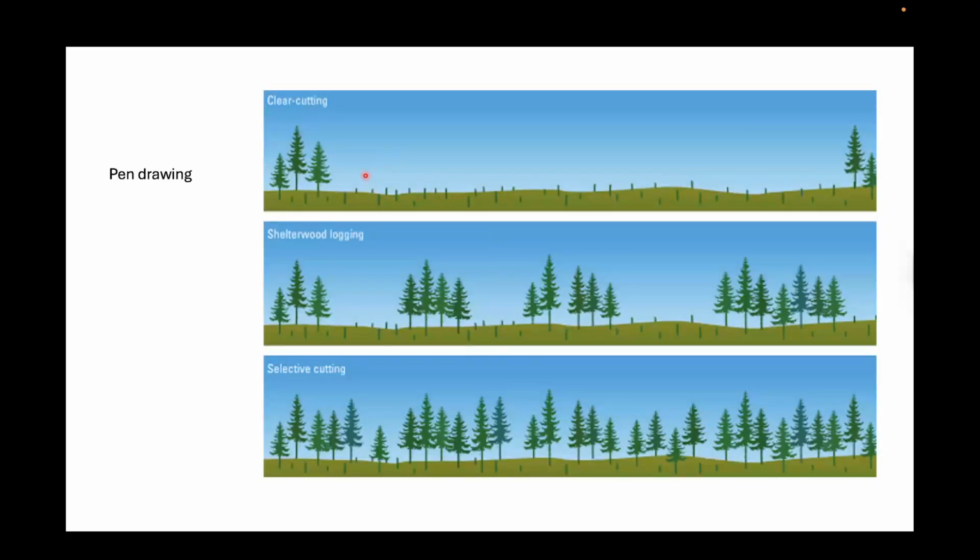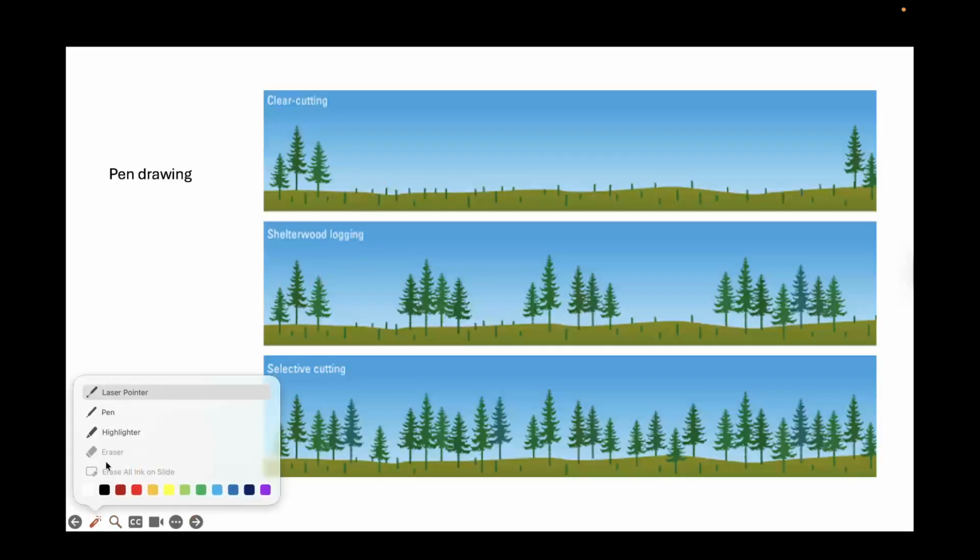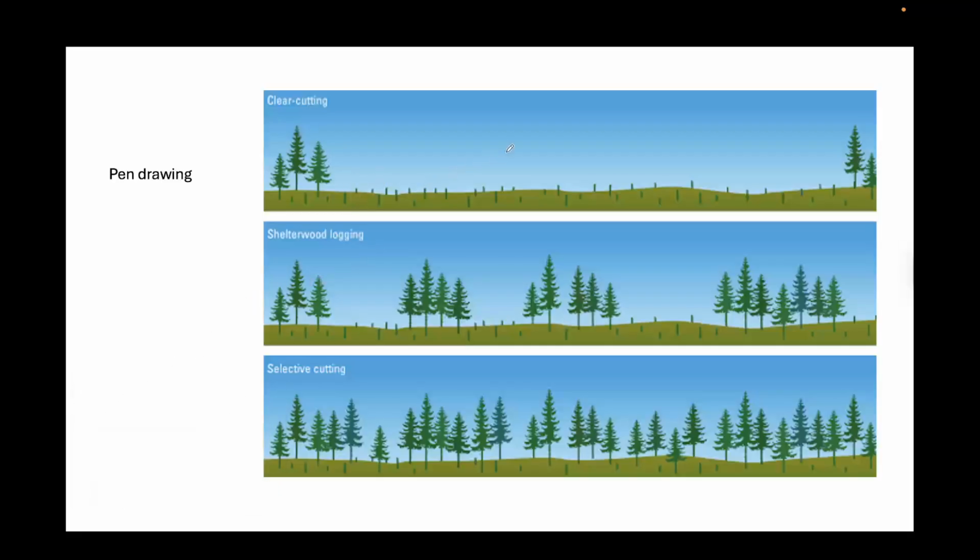So this is a comparison between the clear cutting system, shelterwood system, and the selective cutting system. In a clear cutting system, in one go you are felling a lot of trees. You are actually felling the whole area. Look at this area here. You are trying to fell all these areas and remove all the trees.